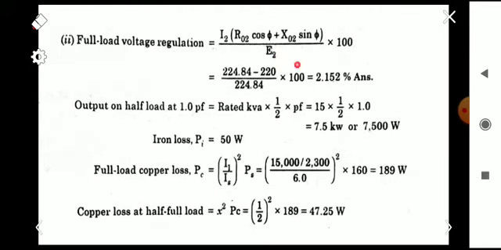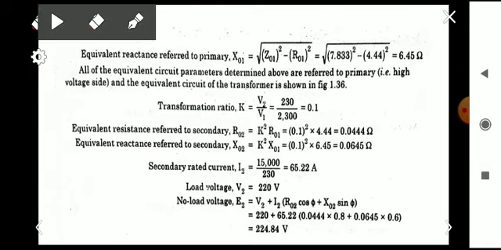So here V2 is 220 volt, and we can find E2, that is the no load voltage, the induced EMF on the secondary, E2.